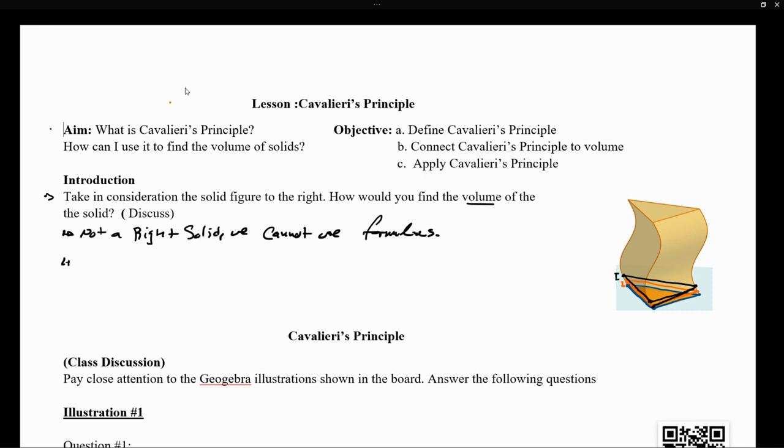So perhaps one strategy that we can use is we find numerous areas, in terms of base, right now my base was a triangle, and we add them up.